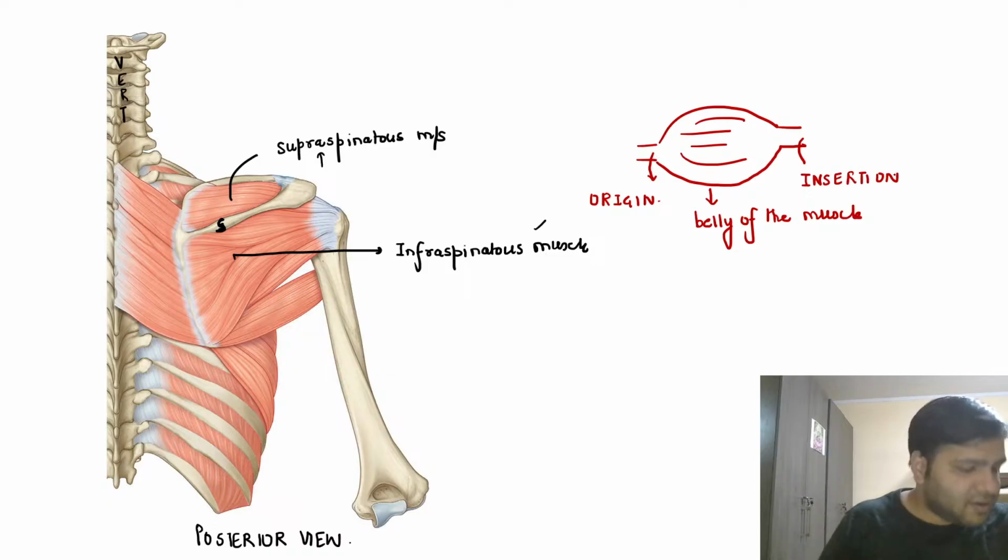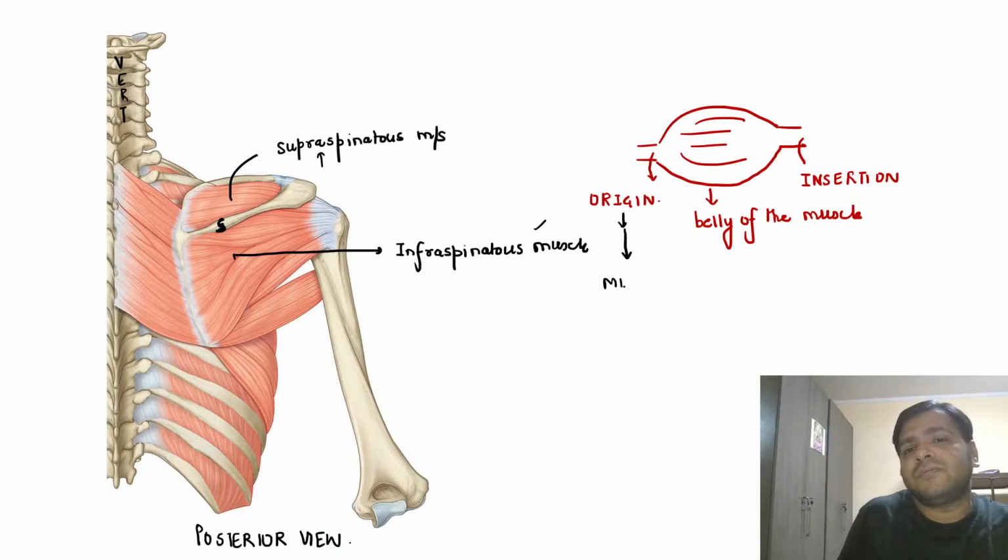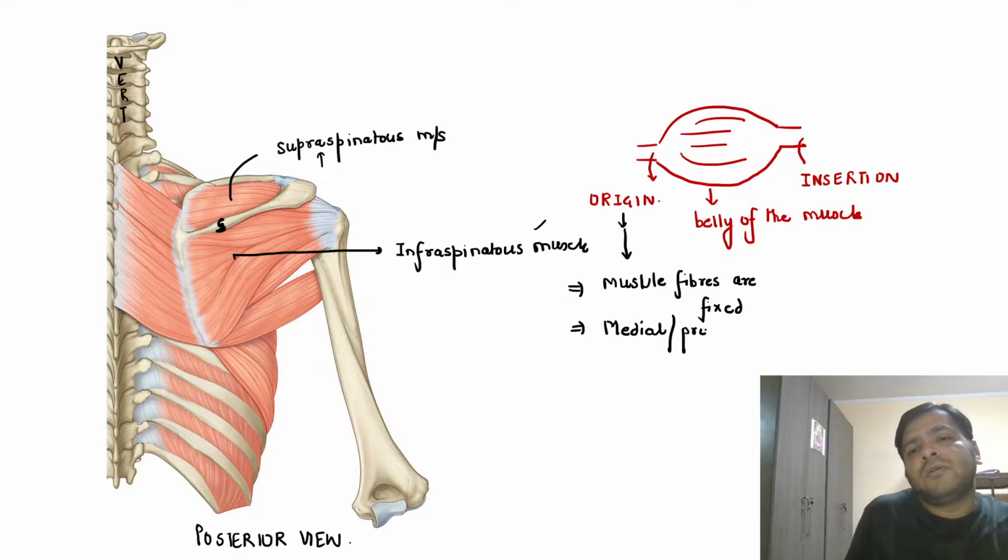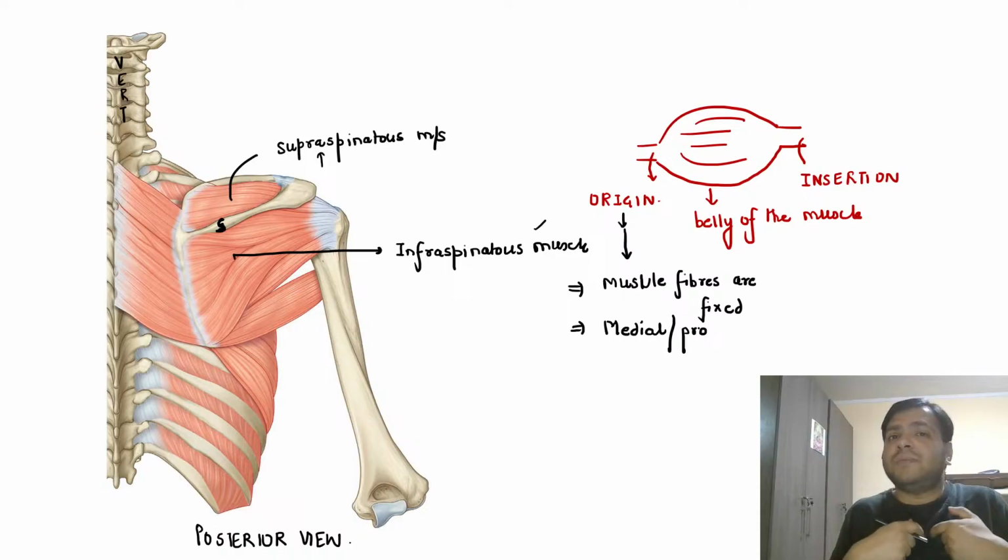Now what is origin and what is insertion, guys? Origin is that part of the muscle where the muscle fibers are fixed. And remember that origin is always medial or proximal. Medial means close to the midline of the body.